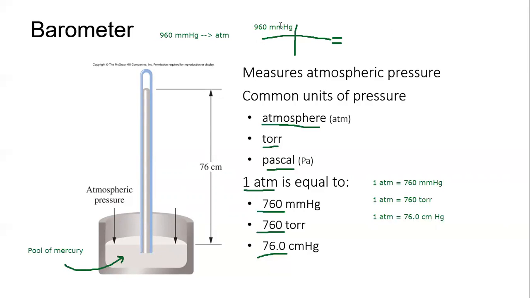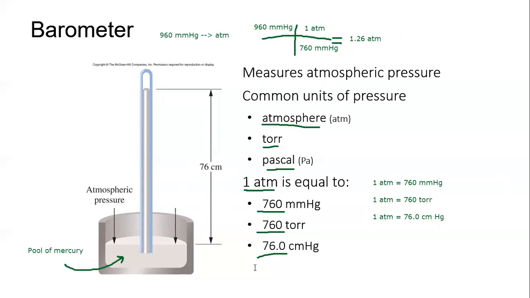Now we're going from millimeters of mercury to atmospheres, so in our conversion factor, millimeters of mercury goes on the bottom, and atmosphere goes on top. And so if we divide 960 by 760, we get the number of atmospheres in this many millimeters of mercury. That's about 1.26 atmospheres.